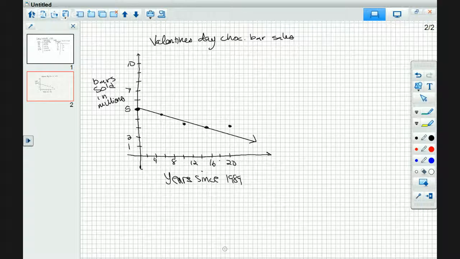What's the y-intercept on my line? Okay, so the y-intercept is 5. Okay, explain that meaning in context of the problem. This is where the rubber hits the road. Can you use your math? Explain what 5 means.